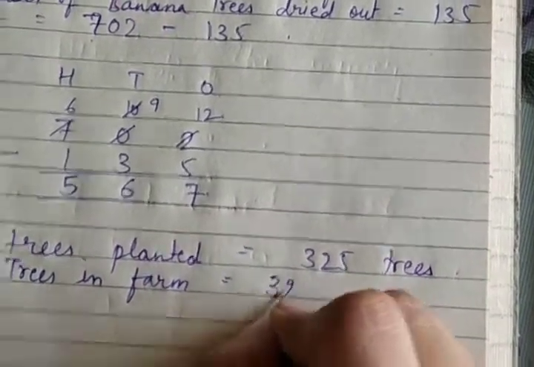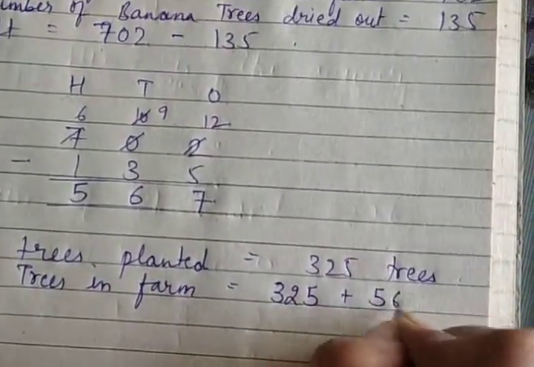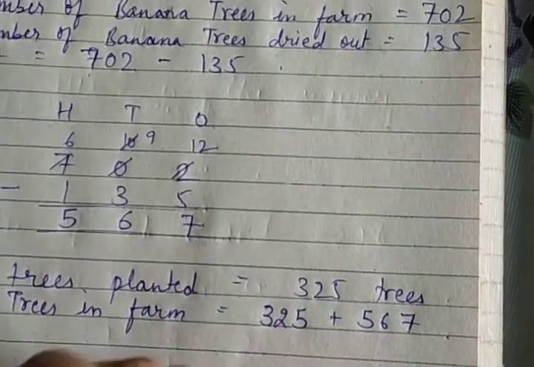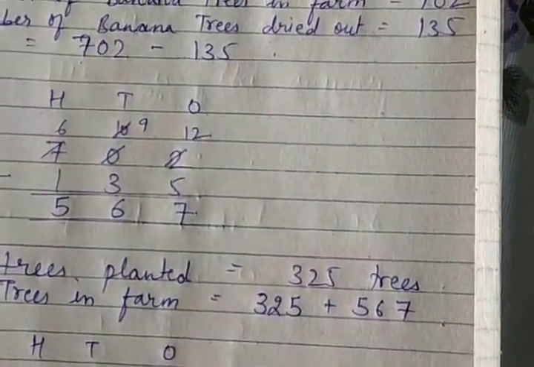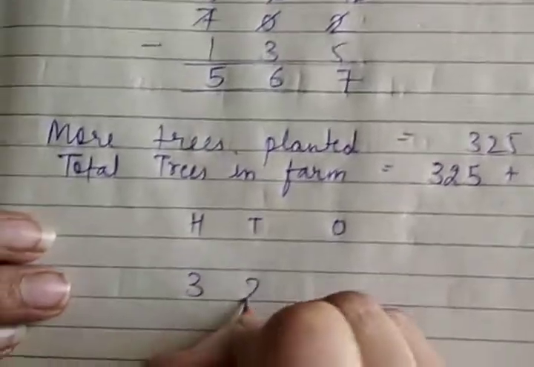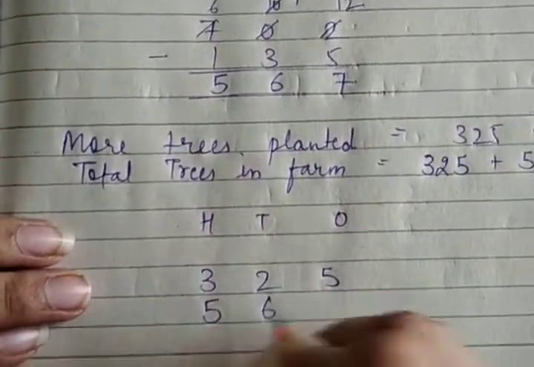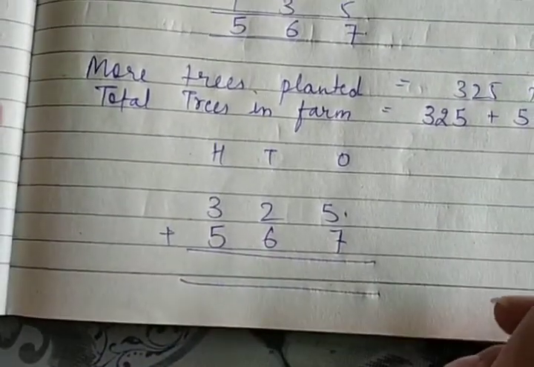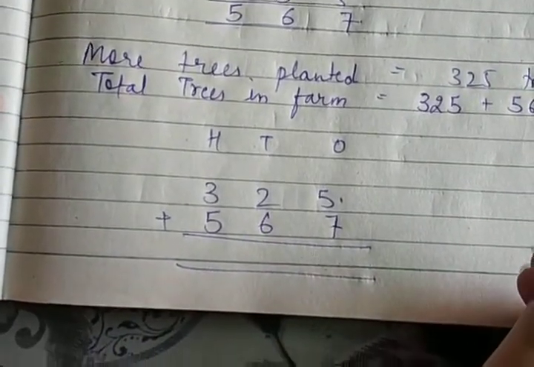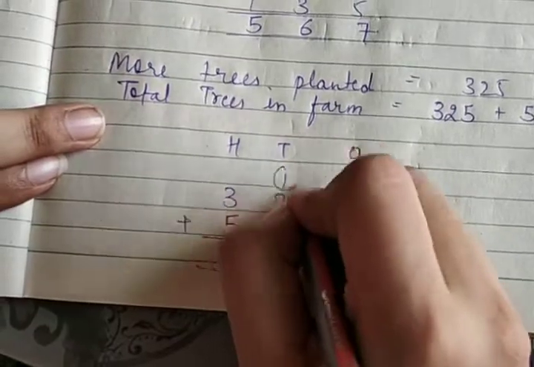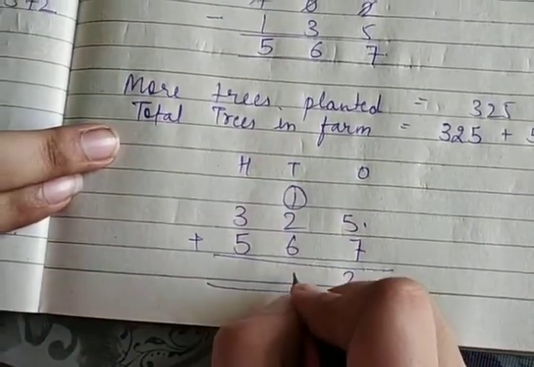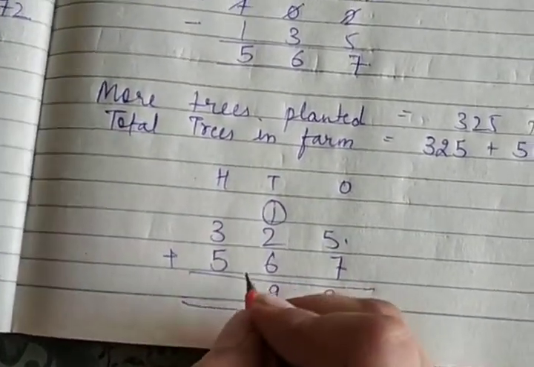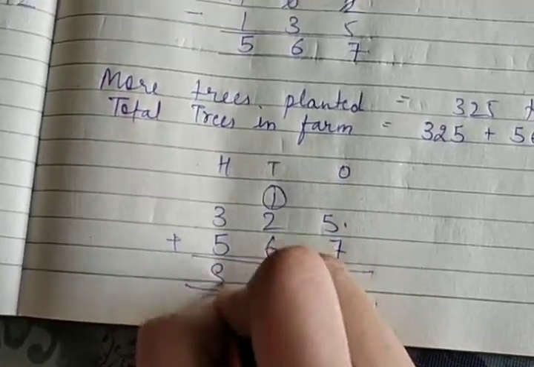We will add 325 and 567. So, write down the places. 3, 2, 5, 5, 6, 7. We will add them. So 5 plus 7 is 12. 6 plus 2 plus 1 is 9. 5 plus 3 is 8.